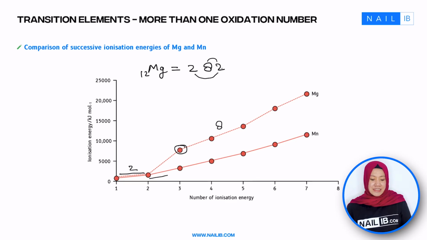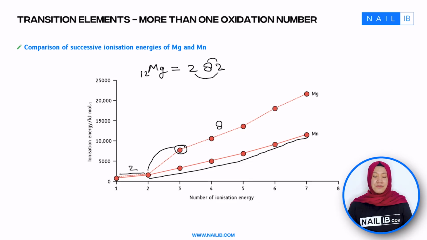All right, but as you can see here for Mn, there is no ionization energy that has such a big difference like from here to here. There is no significant difference between the first, second, third, fourth, up to the seventh ionization energy. So you will be able to remove 7 electrons from Mn, which come from the 4s and 3d orbitals.